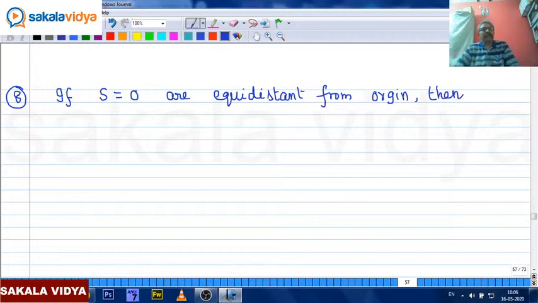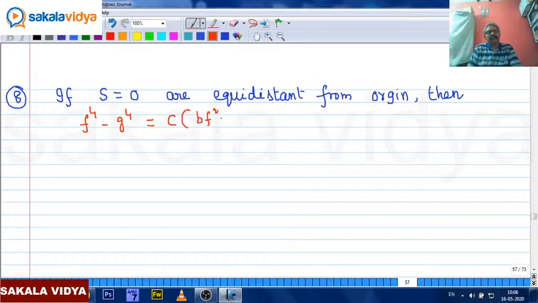That means the two lines are located equidistant from the origin. The distance from the origin to the first line and to the second line are the same. Then the condition is f power 4 minus g power 4 equals c times (bf square minus ag square).